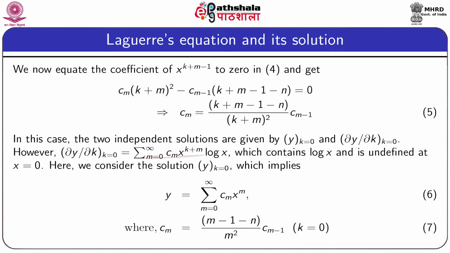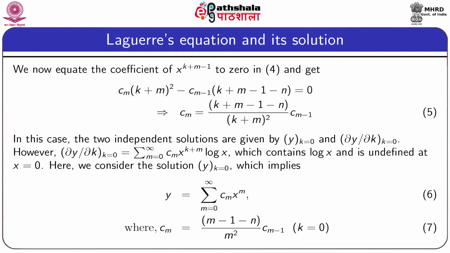But ∂y/∂k at the point k equal to 0 is equal to summation m equal to 0 to infinity Cm x to the power k plus m log of x, and this log x is undefined at the point x equal to 0.